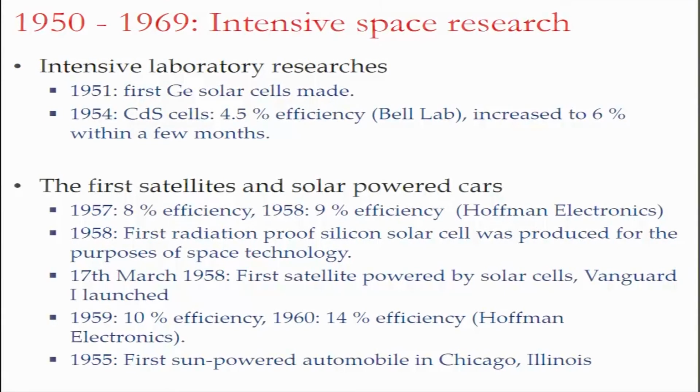And then we have the 50s to 60s when intensive space research was conducted, primarily on solar. The problem with space was, if you wanted to send satellites, you needed them to be powered up, and there is no way you can send cables from Earth to space. So, what was the source of electricity? The photovoltaics was the source of electricity.